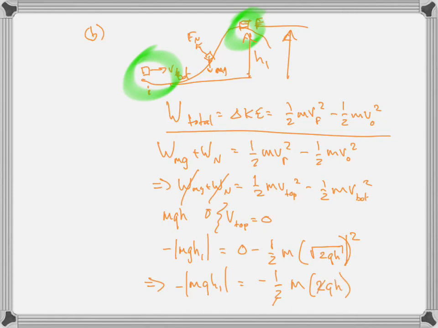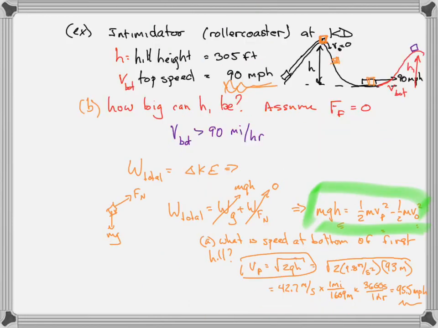The 2's cancel, and lo and behold, we get minus mgh1 equals minus mgh. So therefore, h1 had better equal h. Hopefully that was obvious: if we start at the top of a hill of height h, the roller coaster can never go higher than that.